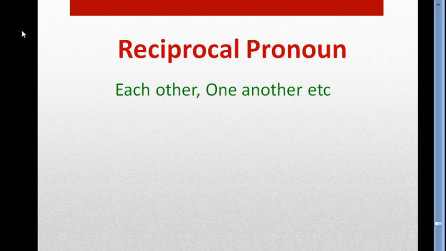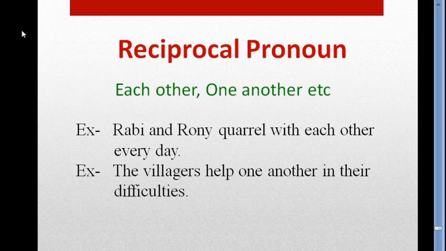Okay, now the example. The first example is, Robbie and Ronnie quarrel with each other every day. Robbie and Ronnie, between two persons. The relation between two persons is indicated by the pronoun each other. This is reciprocal pronoun.